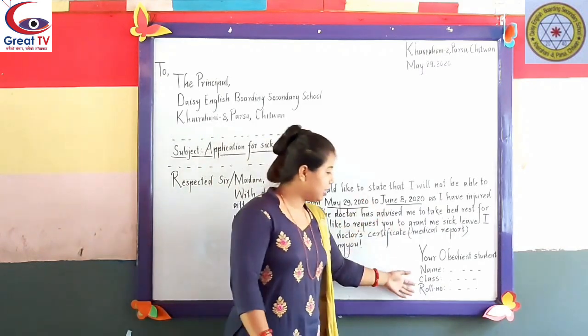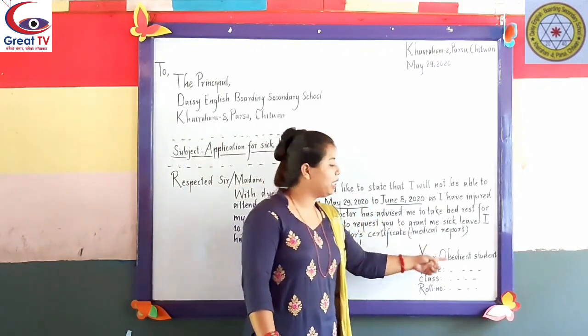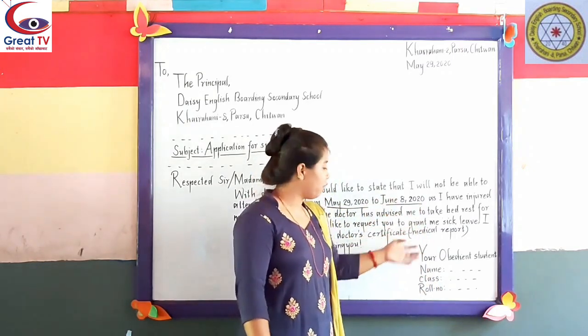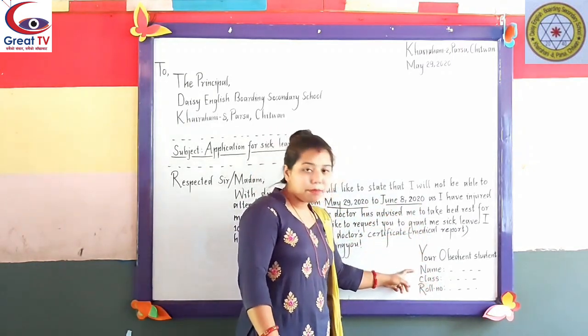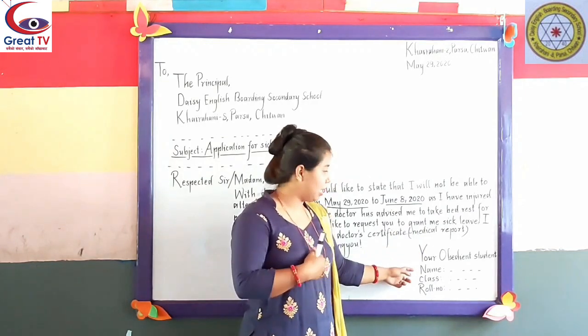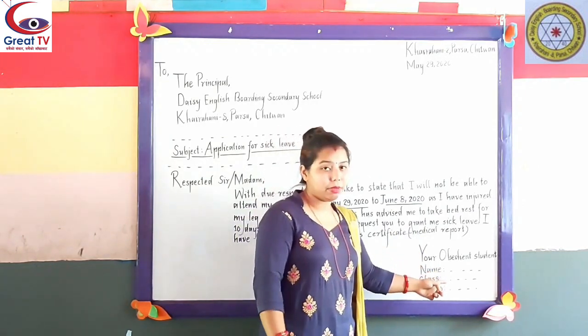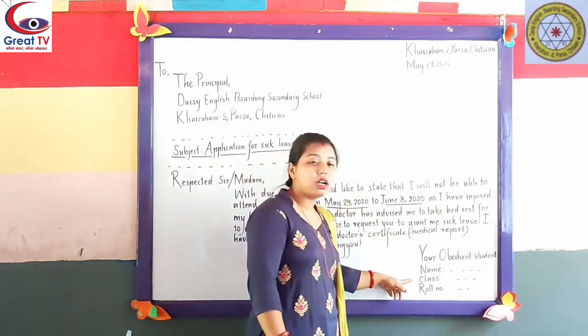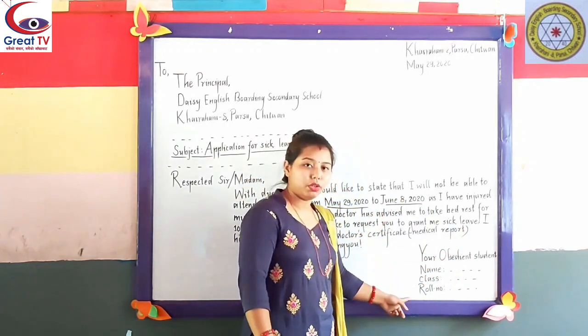Then at the end you have to write your obedient student, or obediently yours, or your faithfully, then your name, your class and your roll number.